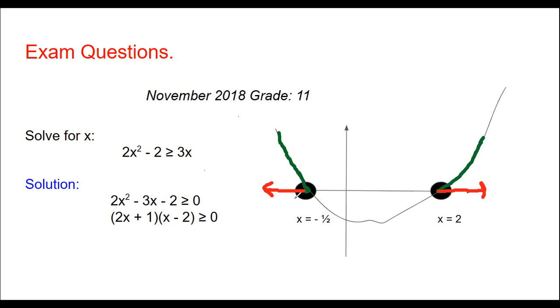So what we can see here is that x has to be less than and equal to, because we're including the minus half, and we can see here that x has to be greater than and equal to 2.